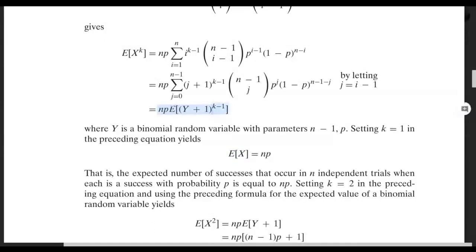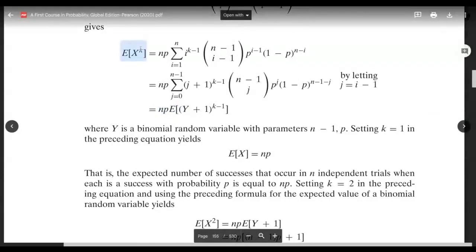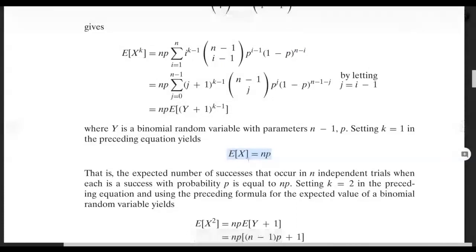If k is 1, 1 minus 1 is 0, so this part becomes 1. So that's the special case, if k is 1, the expected value equals n times p.